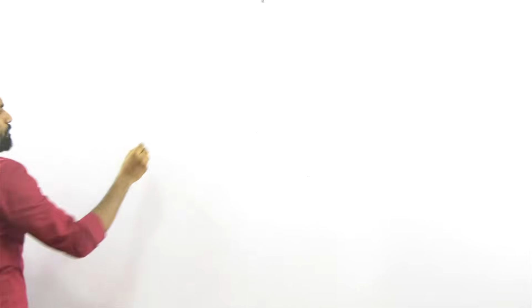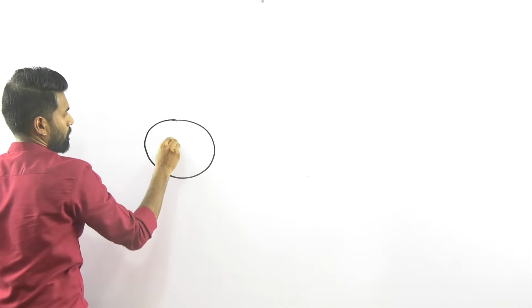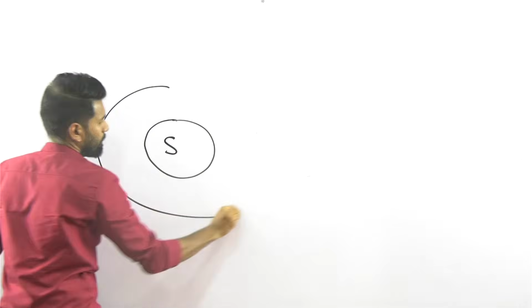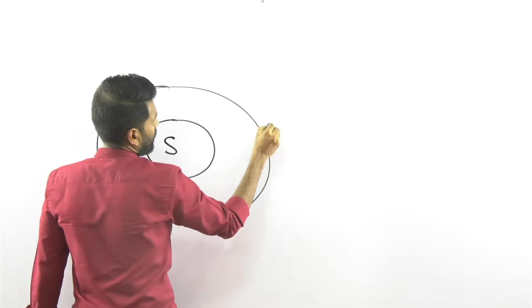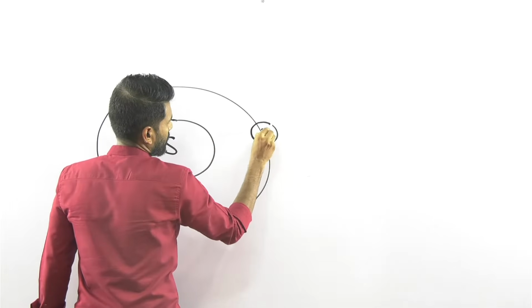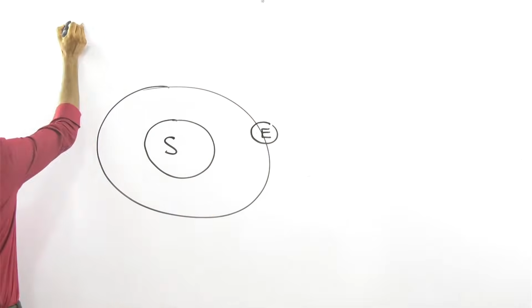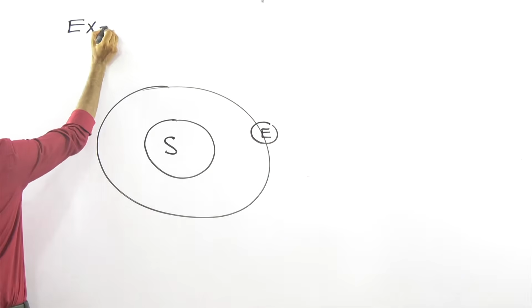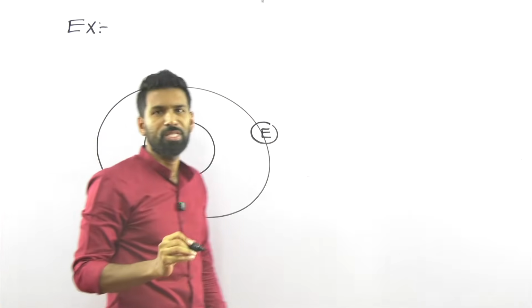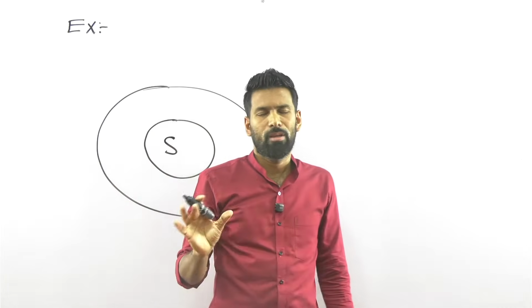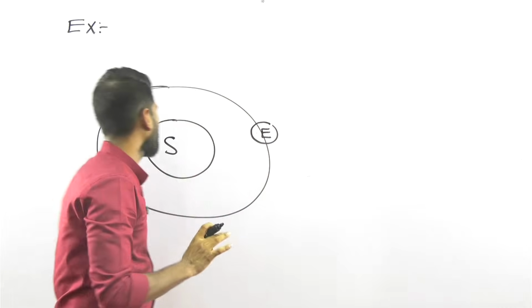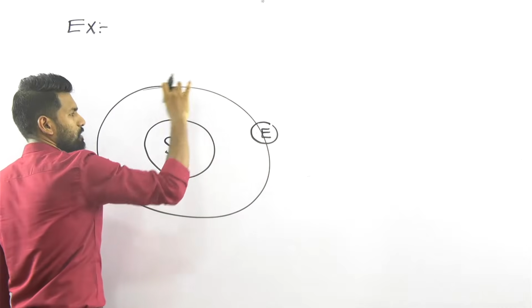Okay. Now we all know our Earth orbits around the Sun. I'm giving you an example to show you what physics is. Now you all know our Earth rotates around the Sun.